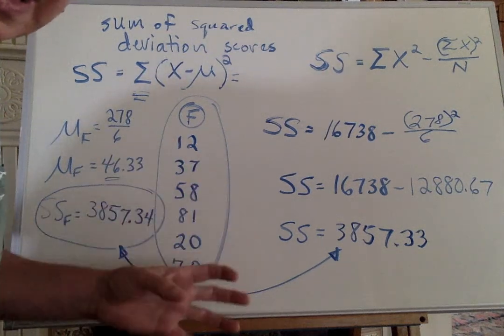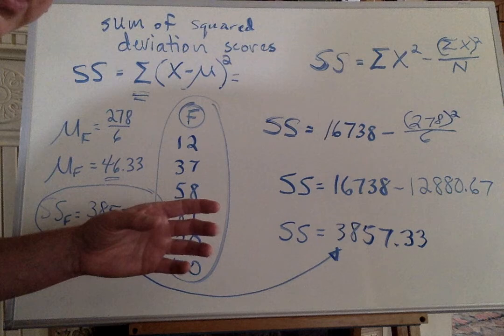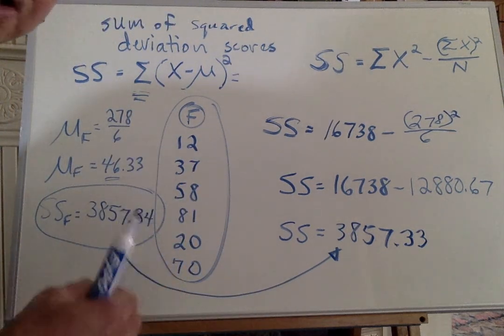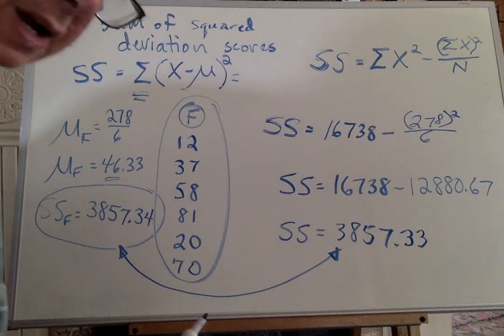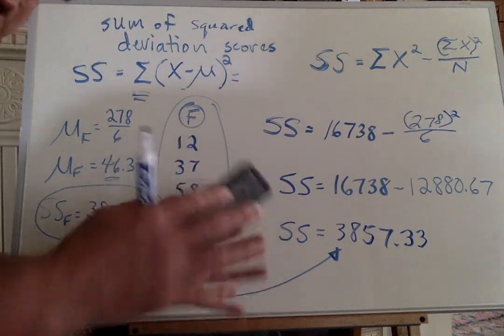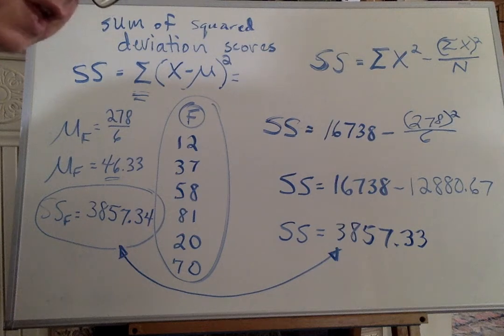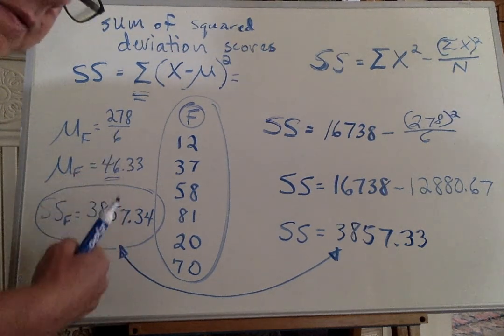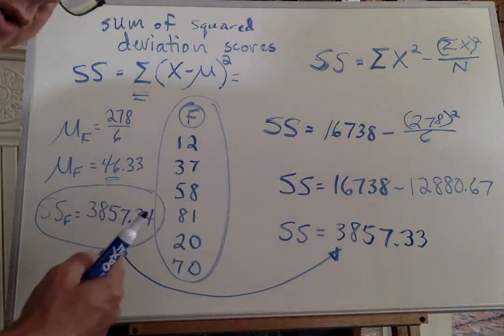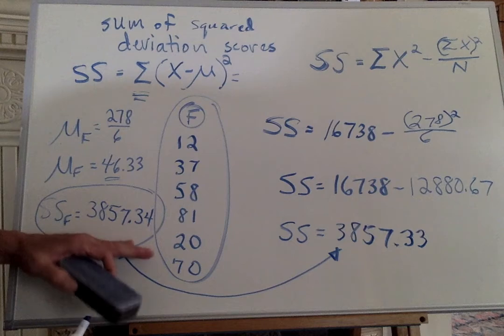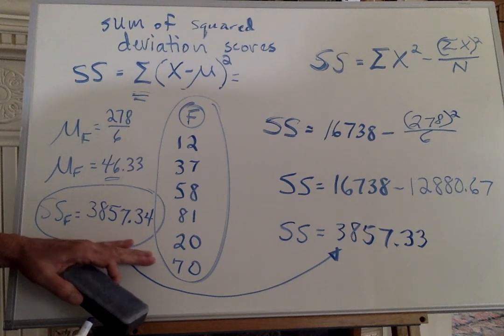All we know right now is a group with a higher sum of squares is considered more variable, more spread out. Or I can say it sort of in a complementary way. I can say a group of scores that are more spread out are going to have a higher sum of squares. So I'm at the point where I can compare two groups, but I'm still left sort of wondering what the hell this means, right?